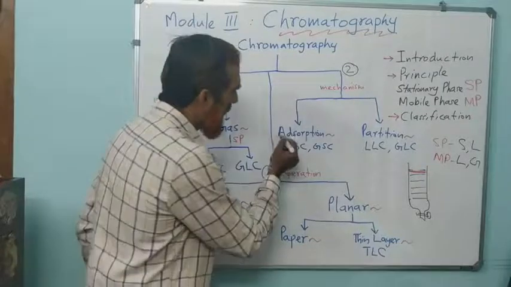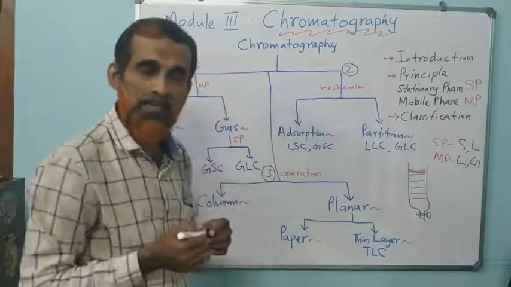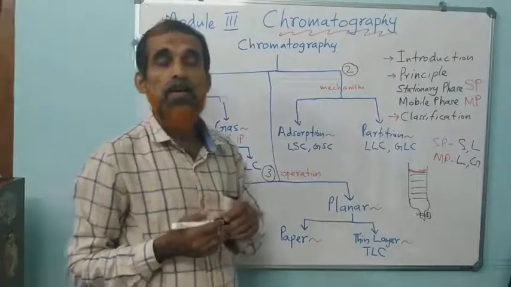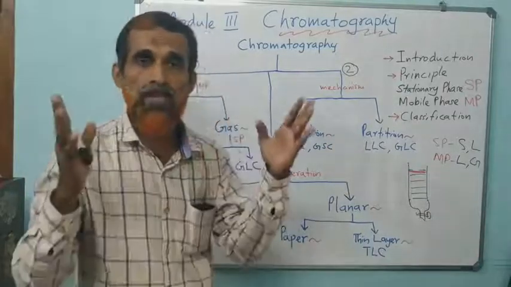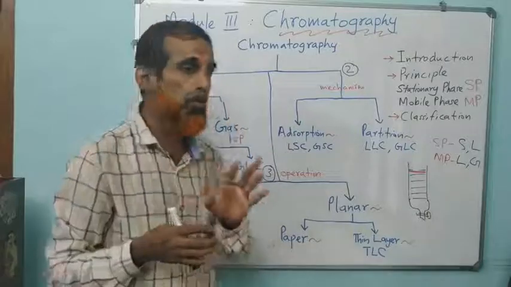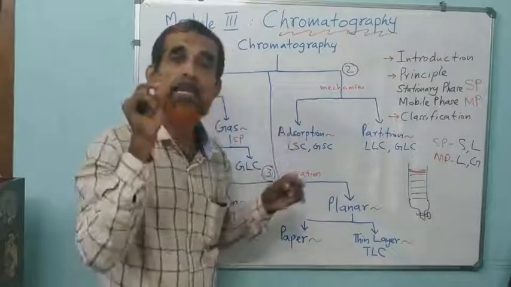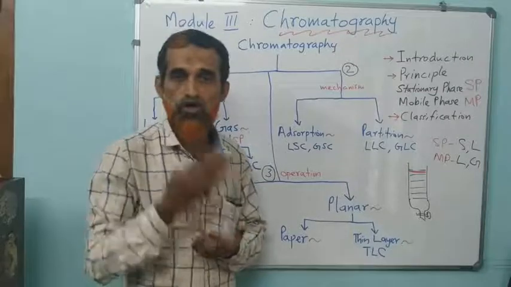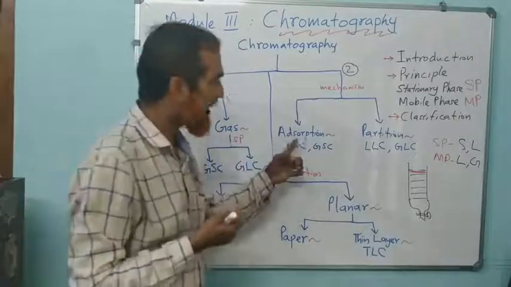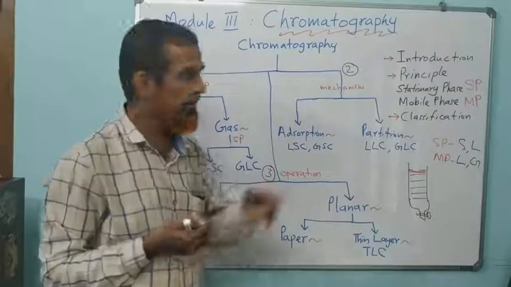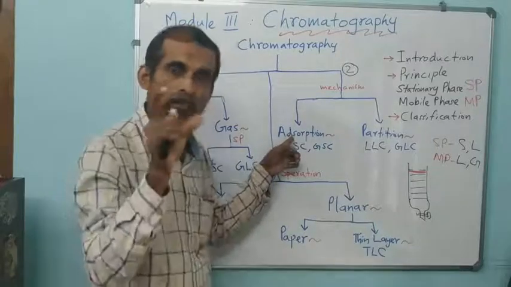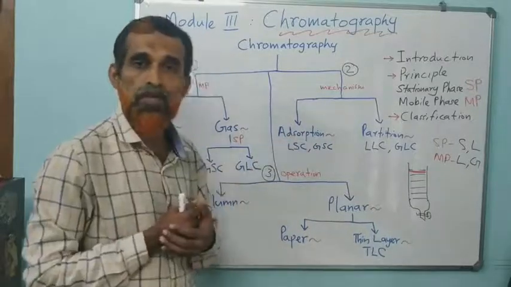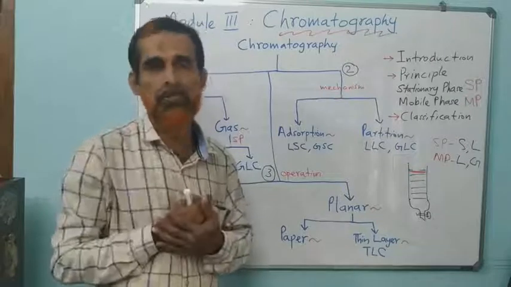One is adsorption chromatography, where the separation is due to the differential adsorption of the components on the stationary phase. That is called adsorption chromatography. So this term comes from the type of mechanism involved. So it is the adsorption which is involved here.